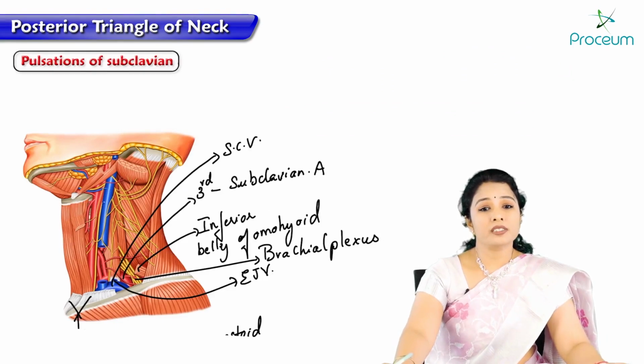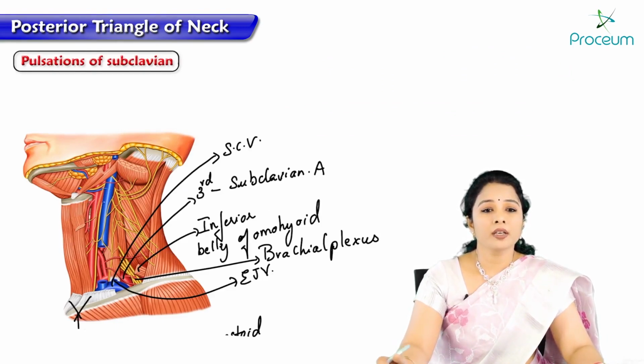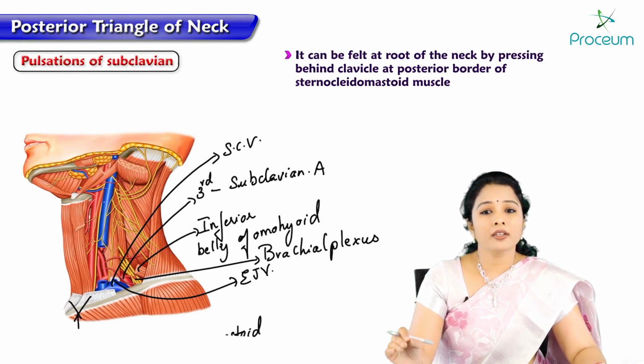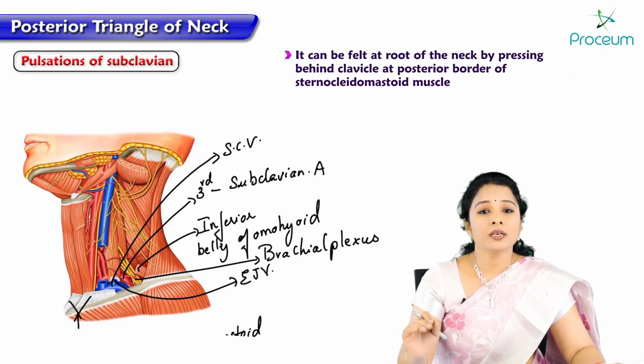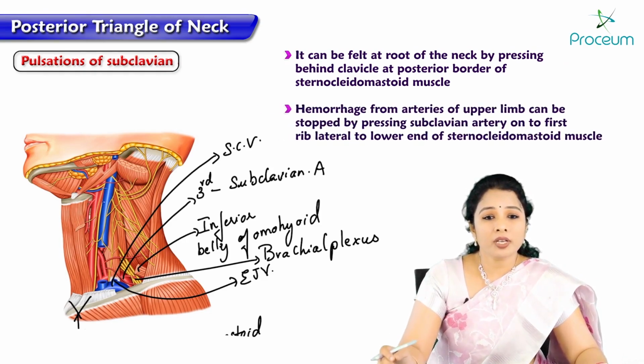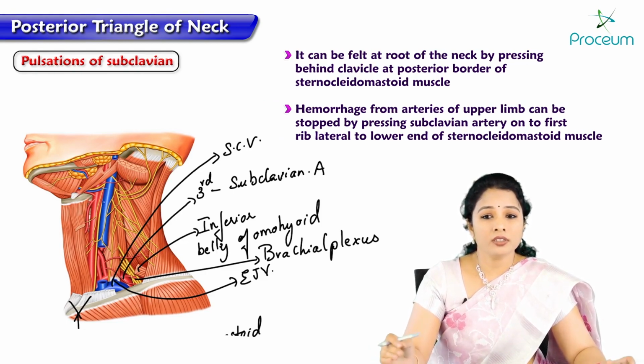Next, feeling for the pulsations of subclavian artery. Subclavian artery pulsations can be felt at the root of the neck by pressing behind the clavicle at the posterior border of sternocleidomastoid. The hemorrhage from the arteries of the upper limb can be stopped by pressing the subclavian artery onto the first rib lateral to the lower end of sternocleidomastoid muscle.